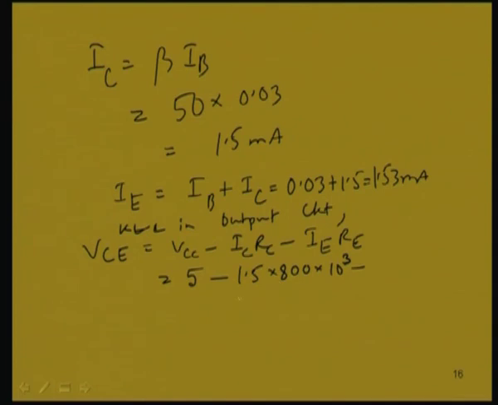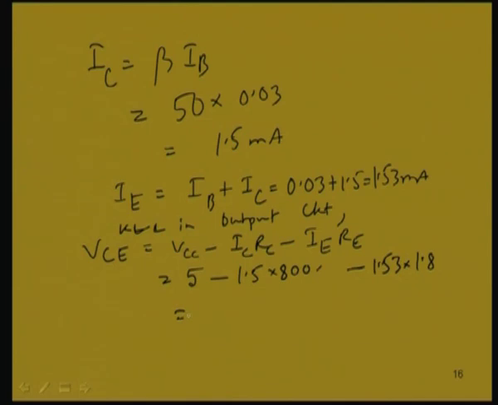This unit should be in conformity. So, I am writing IC in milliampere. So, we may not write this 10 to the power 3 because this will be volt only. And now the IERE part, 1.53 milliampere into 1.8.